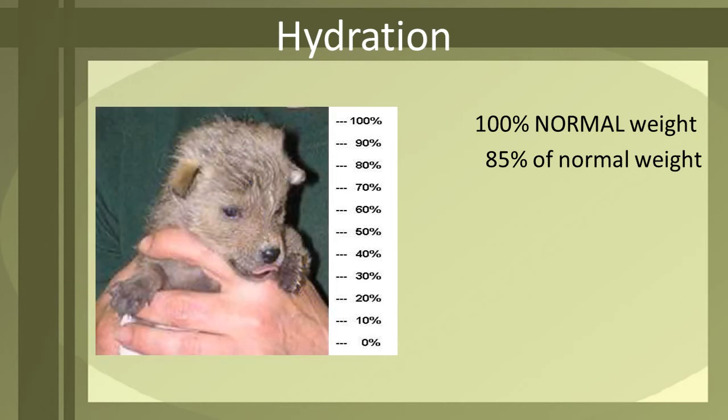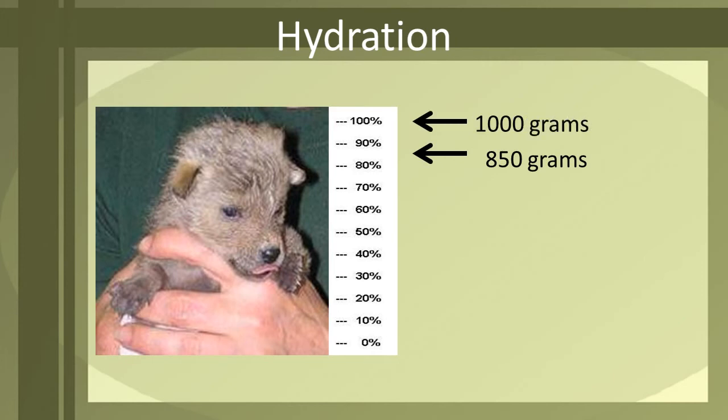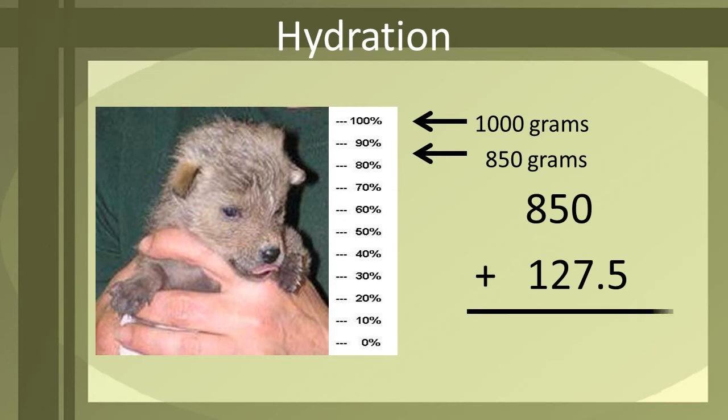For instance, take our coyote who weighs 850 grams. As you can see by our chart, his normal weight should be 1,000 grams. And you cannot take the 850 and add 15% because 15% of 850 is 127.5, and that just doesn't add up.